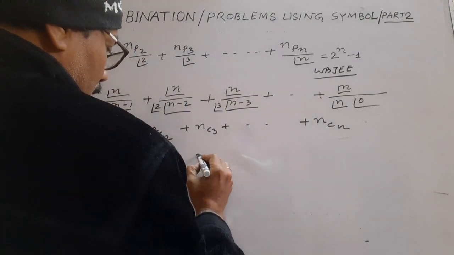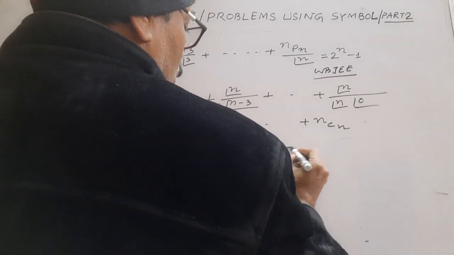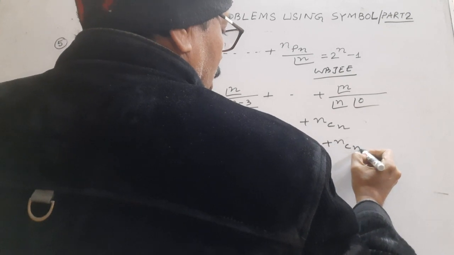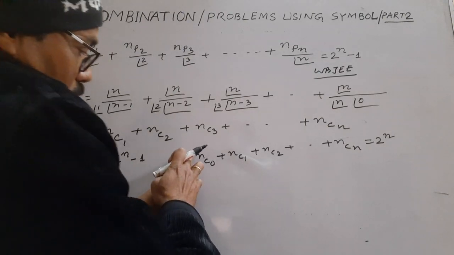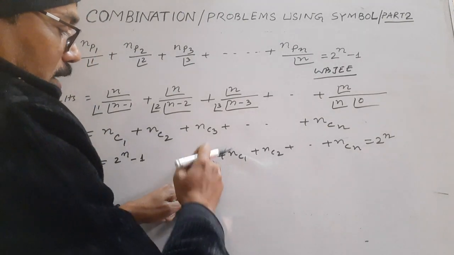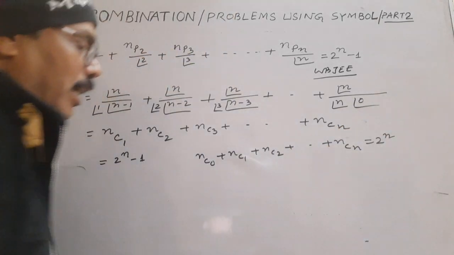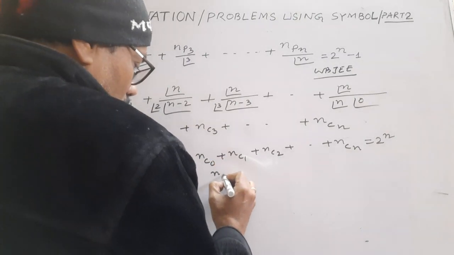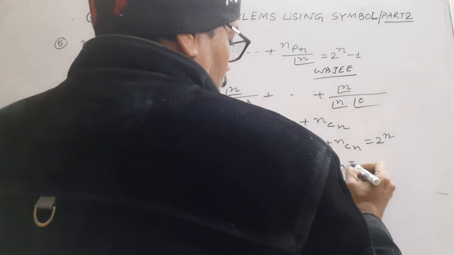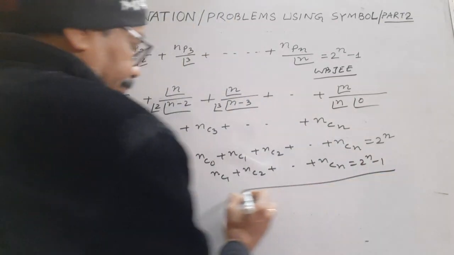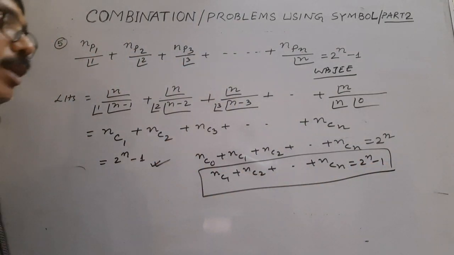What is the theorem? nC0 plus nC1 plus nC2 up to nCn equals 2 to the power n. So the combination of n different things taking none, 1, up to n at a time is 2 to the power n. So nC0 is 1, hence nC1 plus nC2 up to nCn equals 2 to the power n minus 1. So this is a well-known result of the binomial theorem.